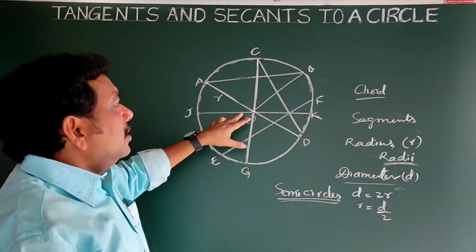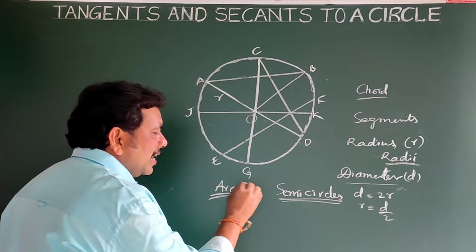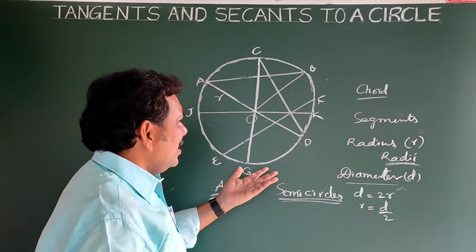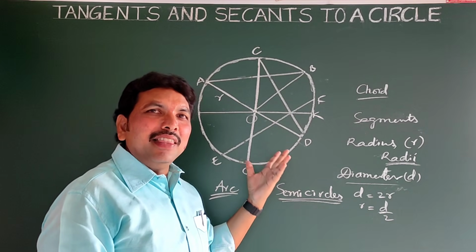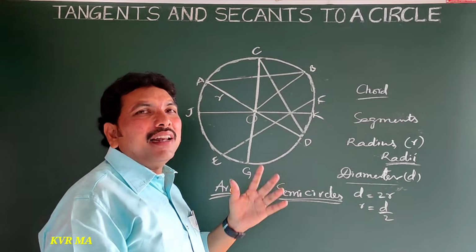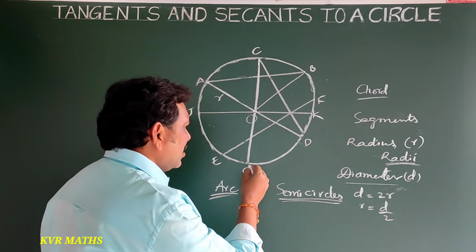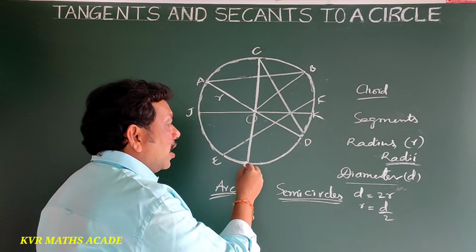Next, arc. What is an arc? Simply, the part of the circumference of the circle, or the perimeter of the circle, is called an arc. Suppose, see, EG is one of the arcs.